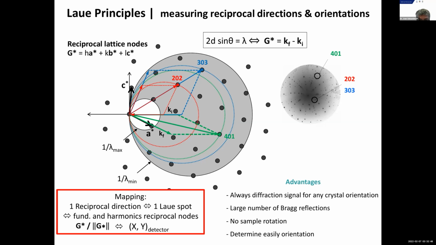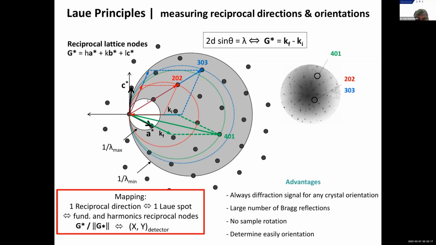So as I said, you compute the mediatrix there, and at the middle you calculate the perpendicular line. Then you are here, and this is Ki in red. So you know now the length, so the energy of the photons that can diffract, that can reflect onto the 202 planes. So this is Ki and this is Kf.